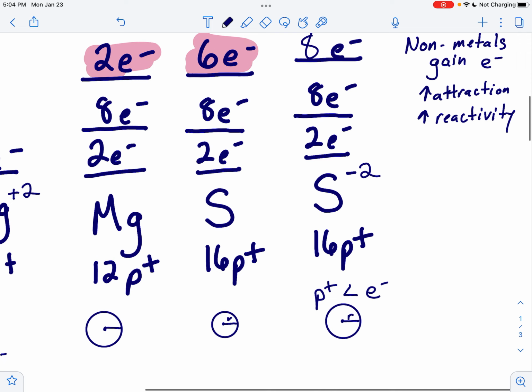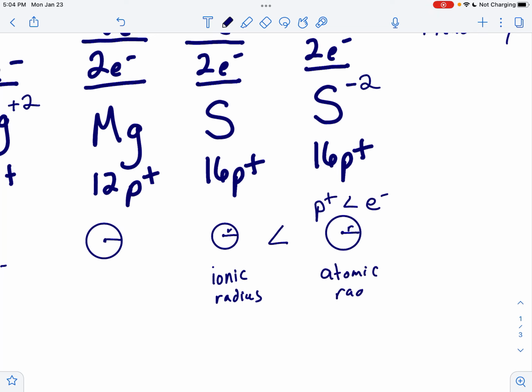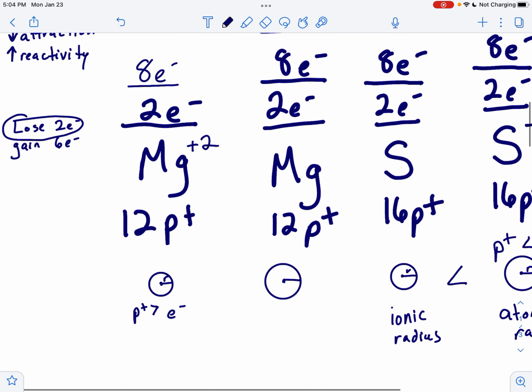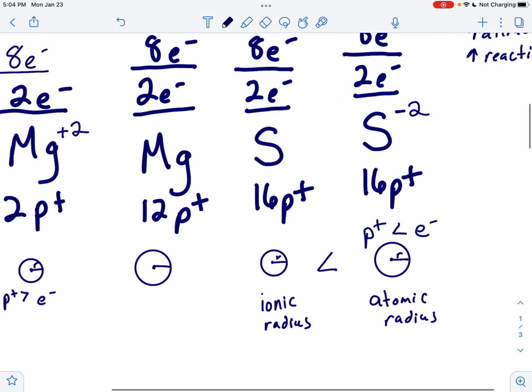So with nonmetals, my ionic radius is going to be smaller than my atomic radius. When I talk about metals, then, I just said that wrong, didn't I?